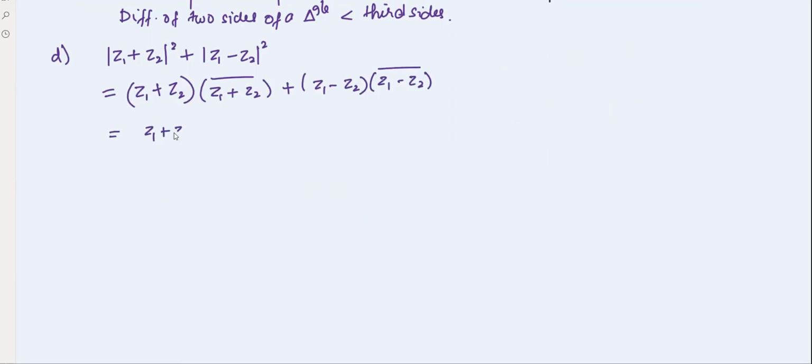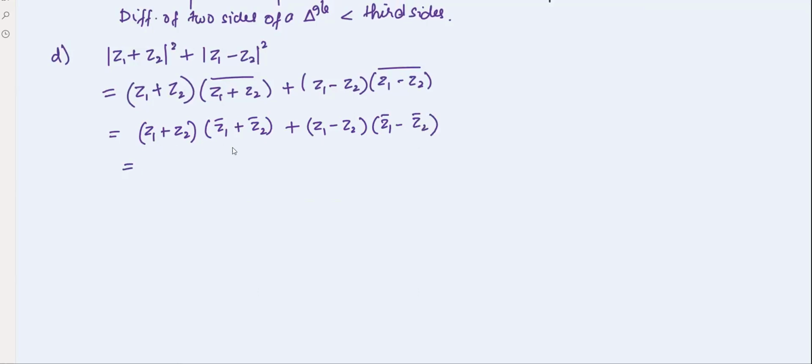By properties of complex numbers, this will be Z1 bar plus Z2 bar, and this will be Z1 bar minus Z2 bar.